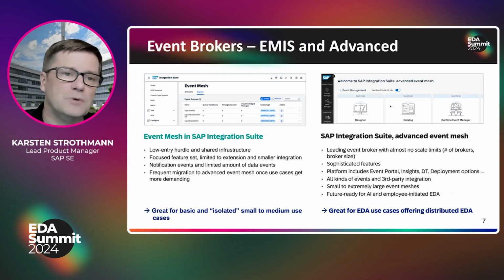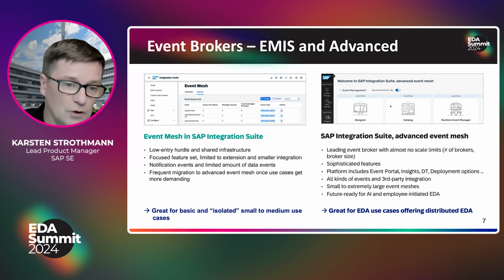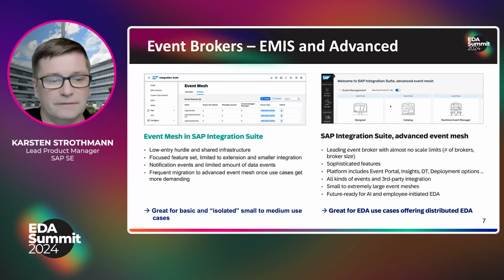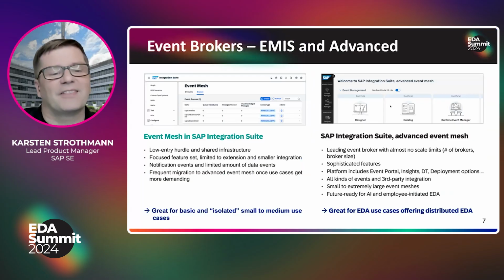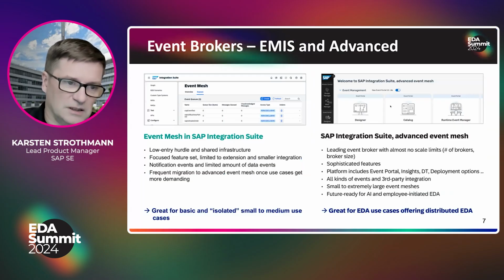Let's have a very quick look at the two offerings that we provide. So Event Mesh and Integration Suite, it's the starter offering for people that want to learn about event-driven architecture. It has a feature focus set, a shared infrastructure. There's certain limits to EMIS, as I usually call it, in respect to event size, in respect to throughput, and so on.